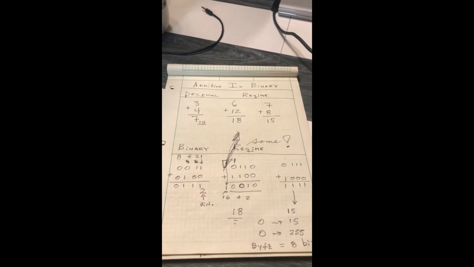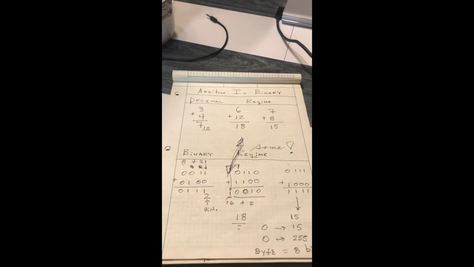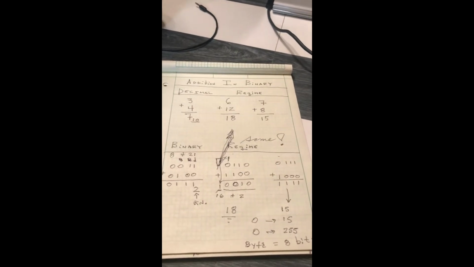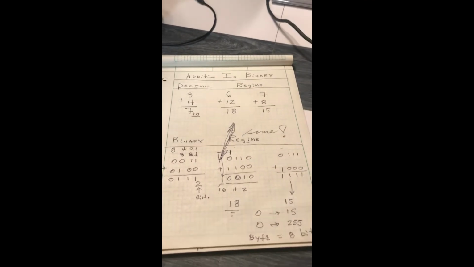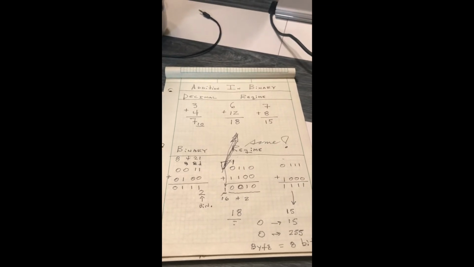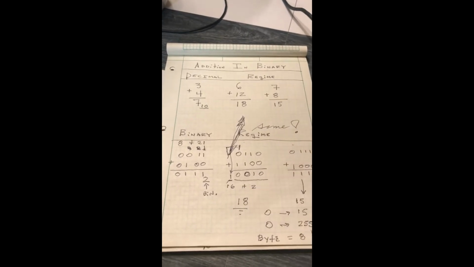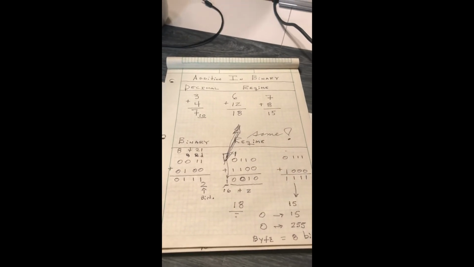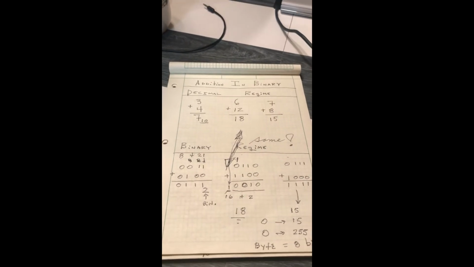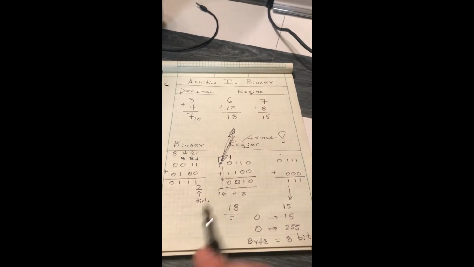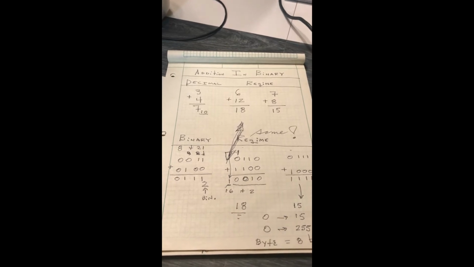The machine automates the action of multiple full adders in a cascade, which represents the tables I showed earlier, the 8 possible combinations. And one full adder does each place. And the inputs and outputs are essentially switches and LEDs. So let's move over to the machine and keep our results here in mind.